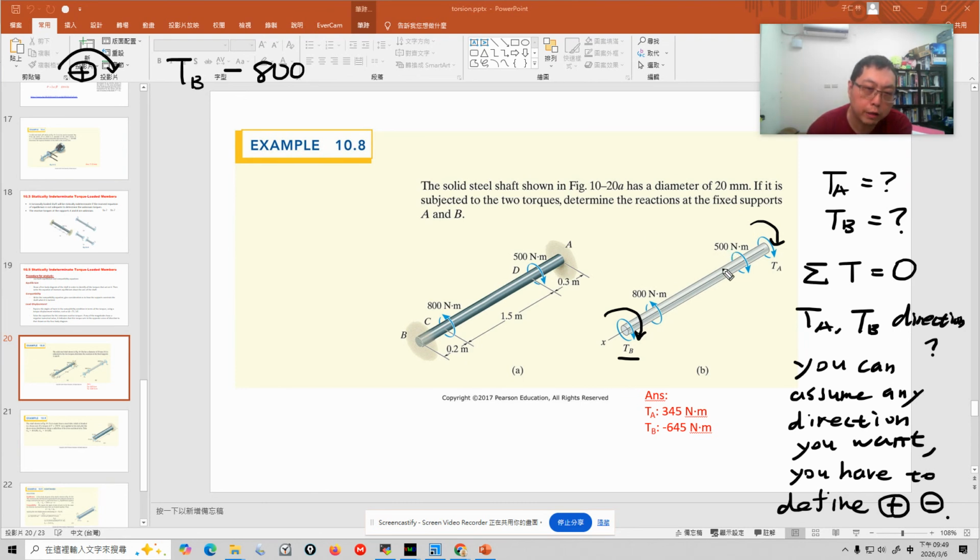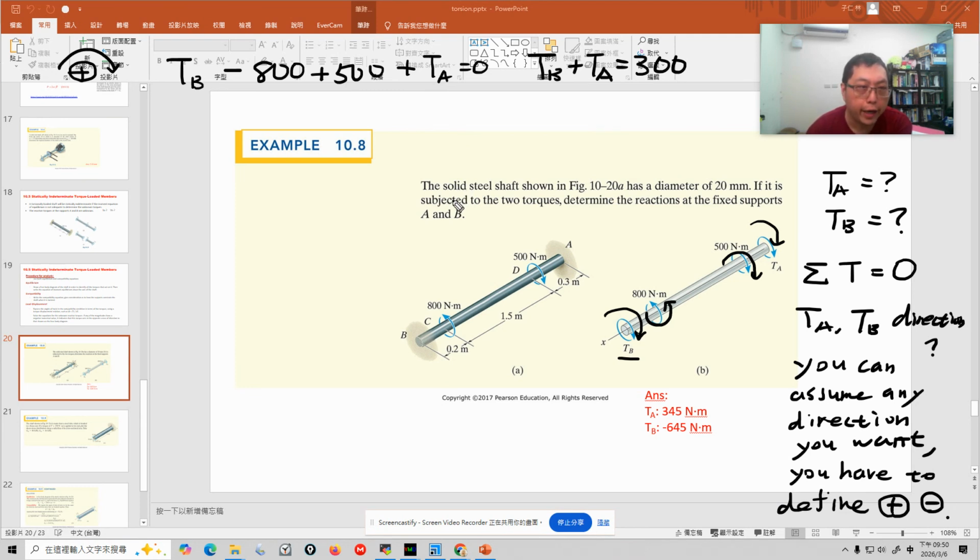The 500 is rotated in this way, which is the positive direction, so it is plus 500. And TA, we assume it is in this direction, which I define as positive. After all, we have TB plus TA is 300.